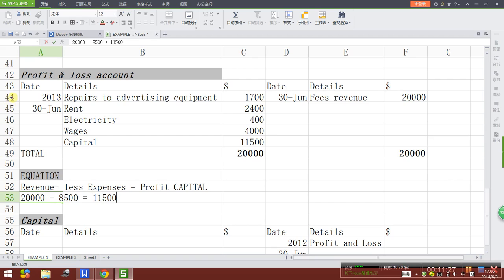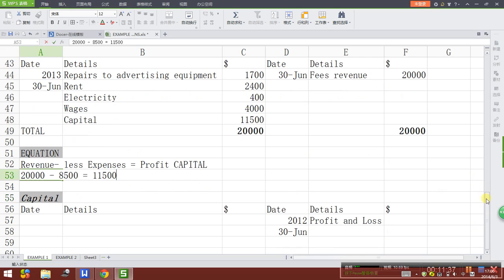So the final step is to transfer the capital to this account, the capital account. So the profit and loss at the end of this day is 315,000.